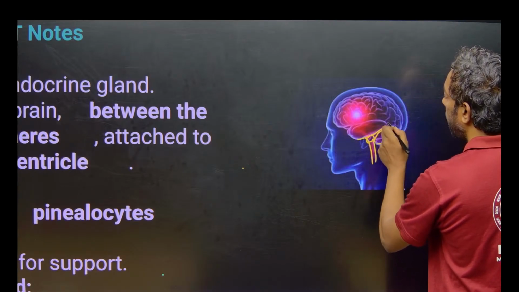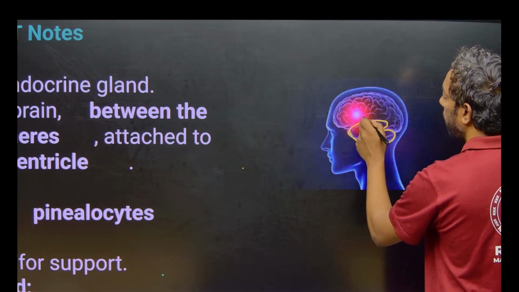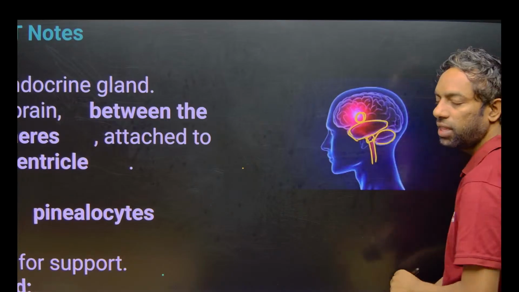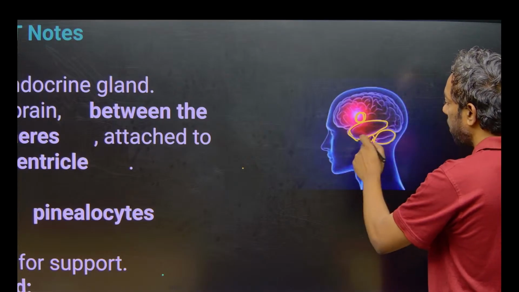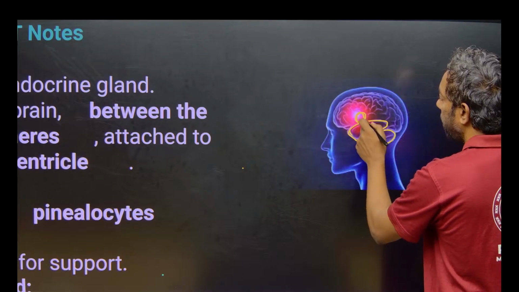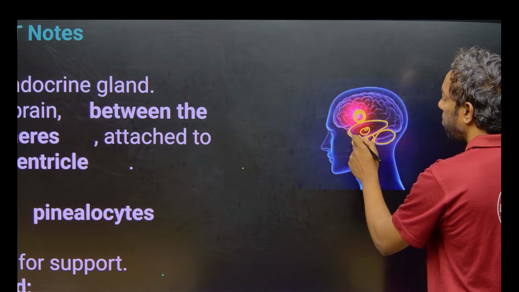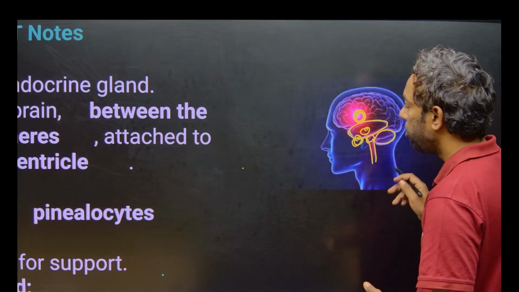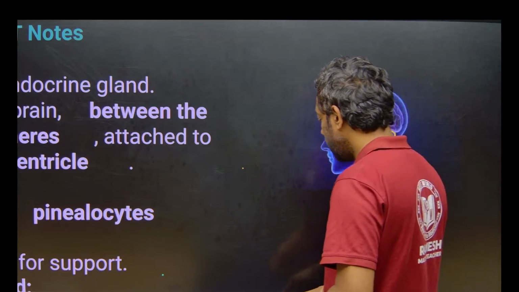This is the diencephalon with the third ventricle. Above the third ventricle, the pineal gland is there. This is the thalamus, and the epithalamus is the pineal gland. This is the hypothalamus. I hope you understand this. Above the third ventricle, we call it the pineal gland.